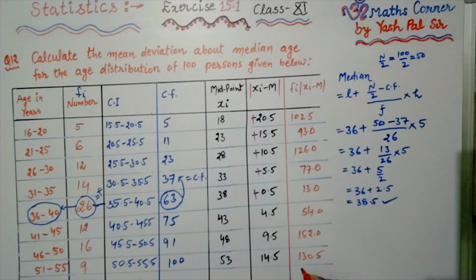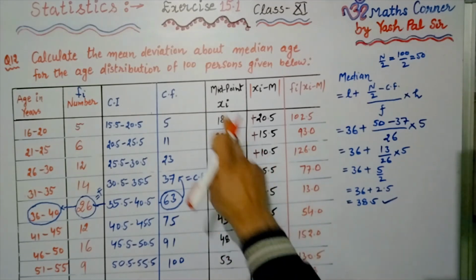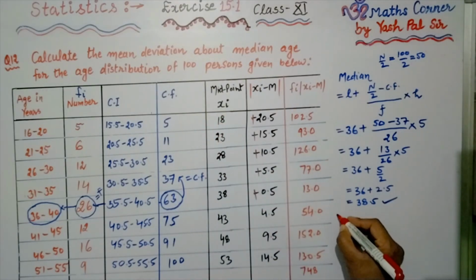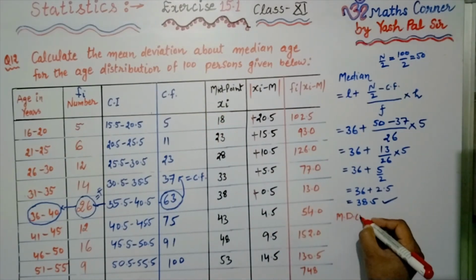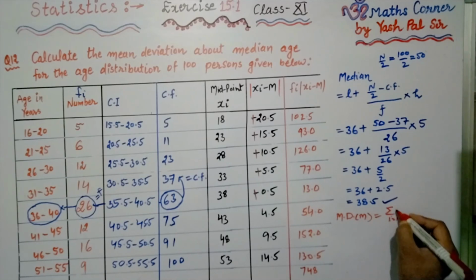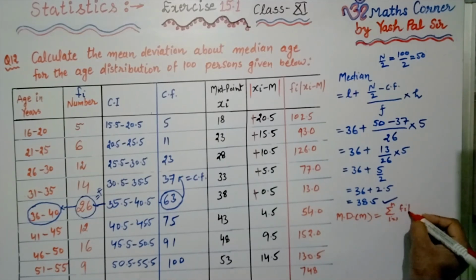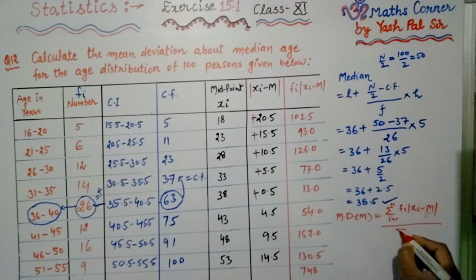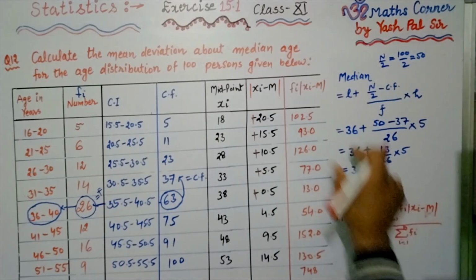What is the sum of this column? Here the sum is 748. Now how to calculate the mean deviation about median? The formula is mean deviation about median equals summation i equals 1 to n of fi into |xi minus m|, whole divided by summation i equals 1 to n of fi.